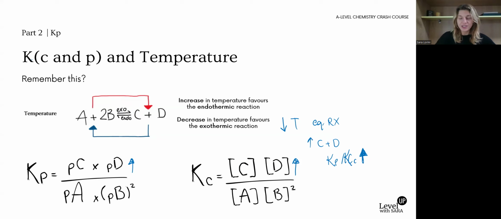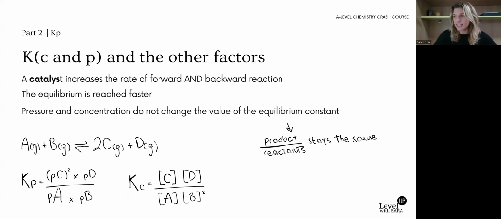Also notice how much easier it is to do this when you have the equation and the K expression written out. So I would always suggest that if you can have a visual aid, have it. How can you calculate or discuss something about Kp and Kc when you don't have it written down, right? So always have that. Okay.